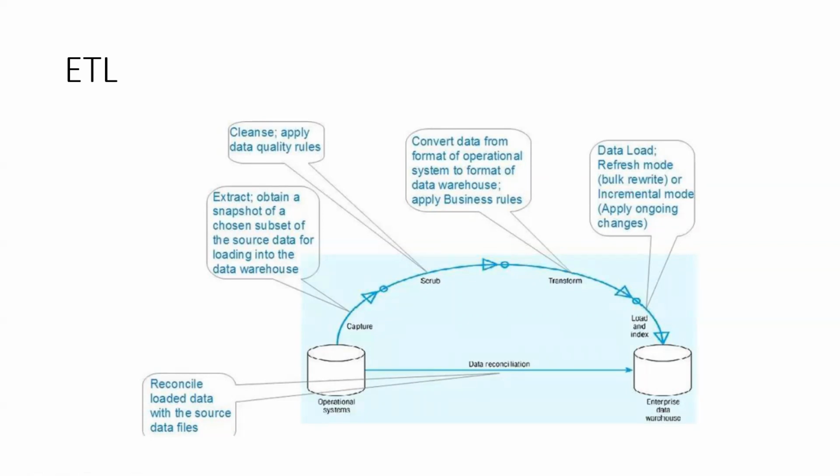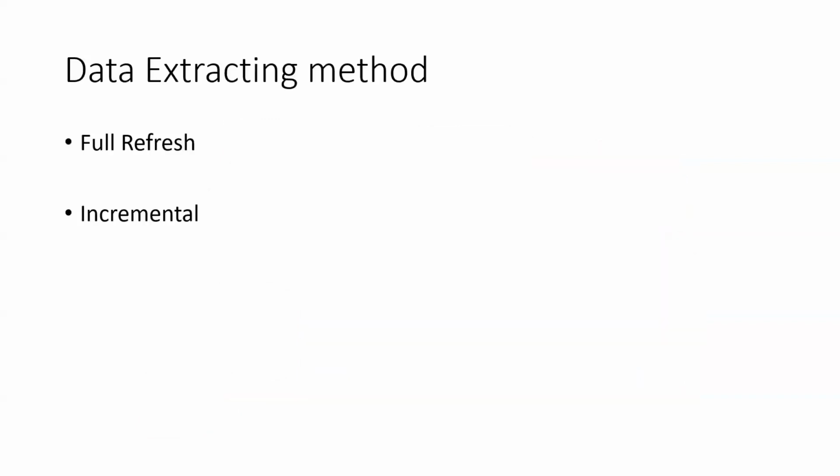Just like I told: extract, cleansing, transformation, load. Cleansing comes under transformation. Extract means extracting data from the source. In transform, we do the cleanse operation as well as converting data. So this is the thing in ETL.